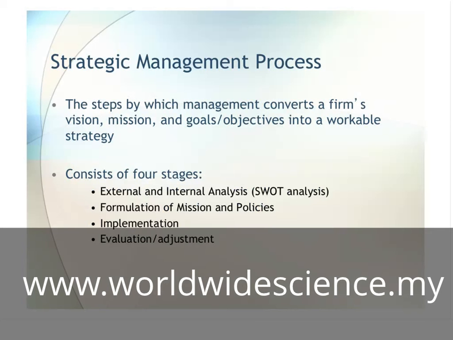So when you are going through a strategic management process, you use the steps as a manager to convert all these features into a workable strategy. So basically, strategic management is using your vision, mission, and goals, and then devise a strategy to make them possible.